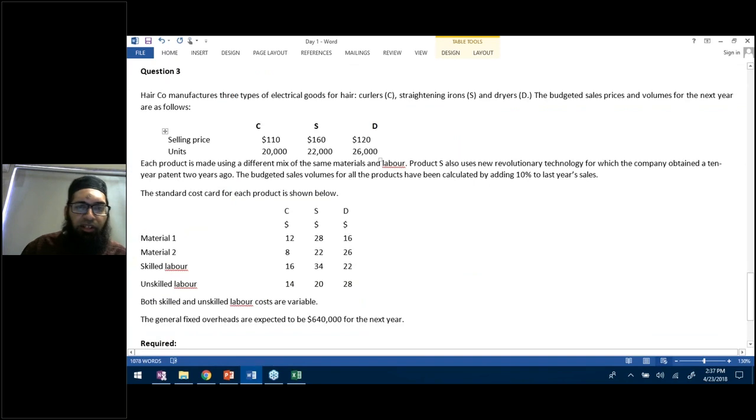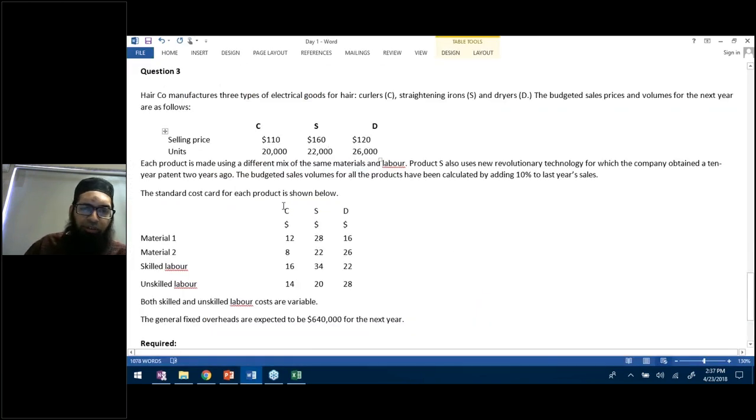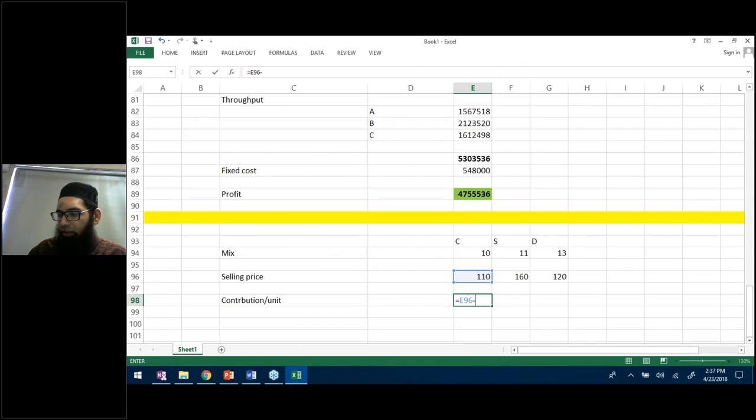Now the selling price for C is 110, for S it is 160 and 120 for D. The contribution per unit is selling price minus all the variable costs, and for C the variable costs are 12, 8, 16 and 14. So let's subtract it.